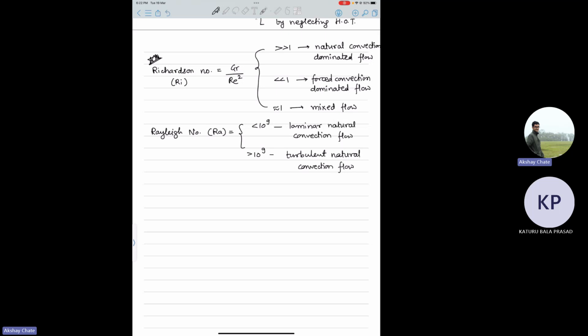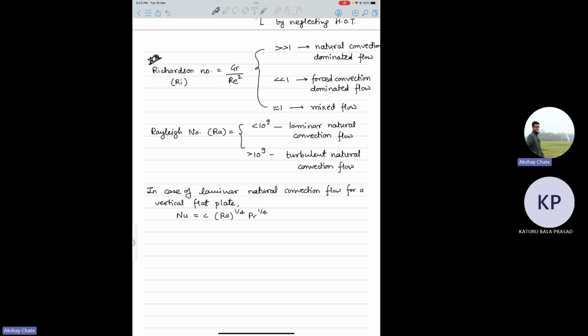The thing is that we did not discuss anything about the Rayleigh number. In case of laminar natural convection flow for a vertical flat plate, your Nusselt number is some constant into Rayleigh number power 1 by 4 and Prandtl number power 1 by 4.